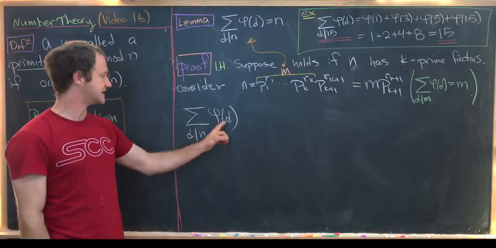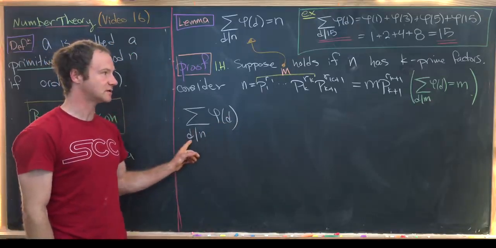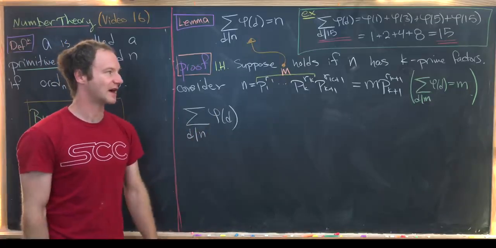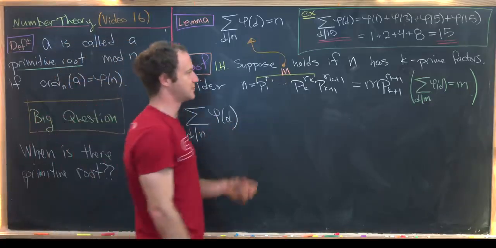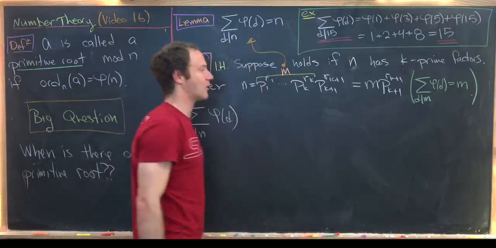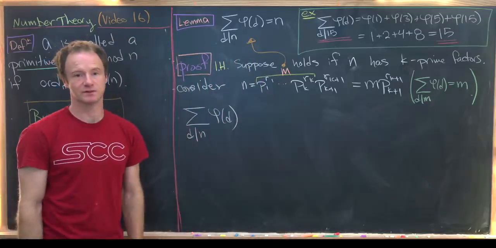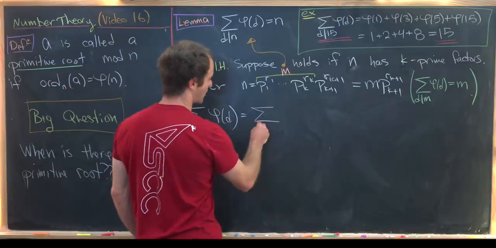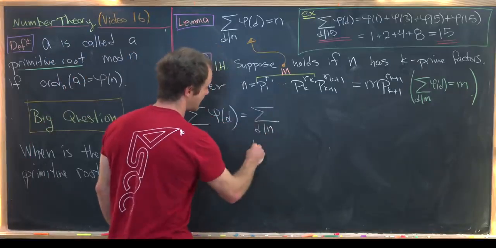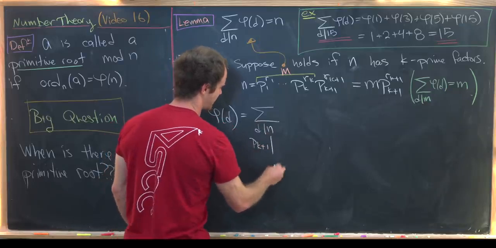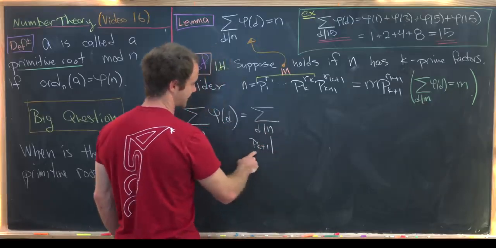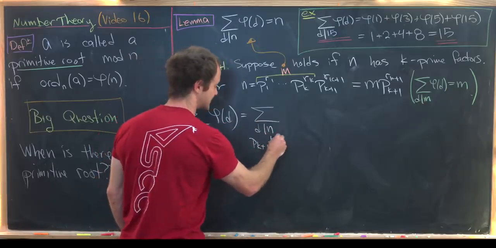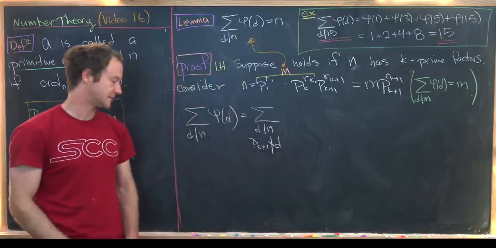And then we can notice that divisors of n are exactly the divisors of m multiplied by a certain power of p sub k plus 1. So I can start by writing this as the sum over all divisors of n that are not divisible by p sub k plus 1. So we can write this as p sub k plus 1 does not divide d.